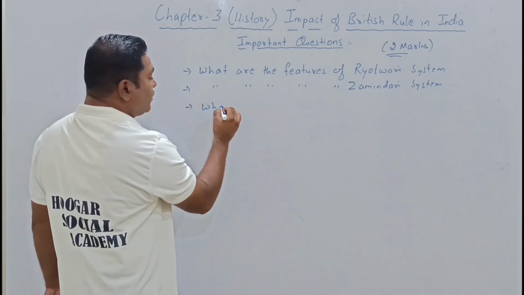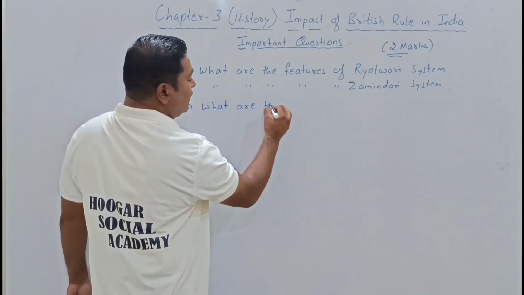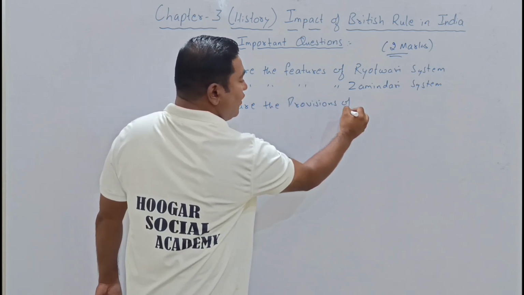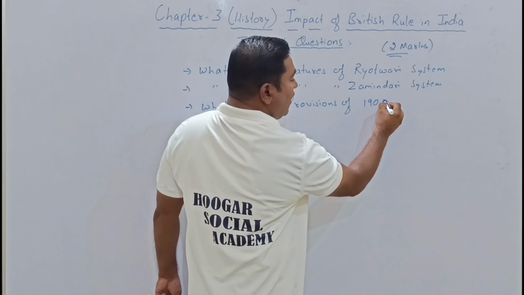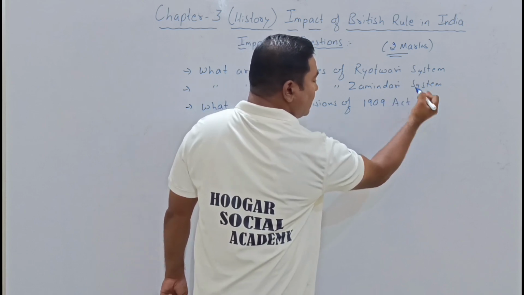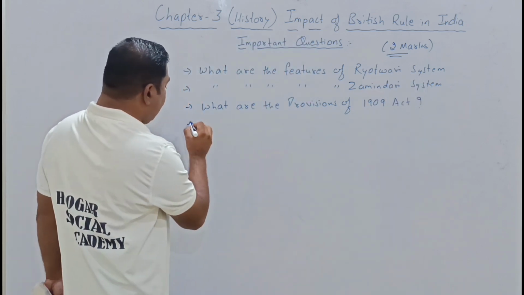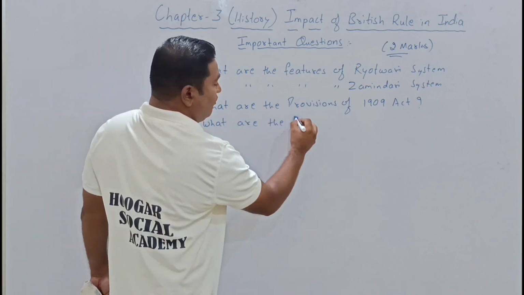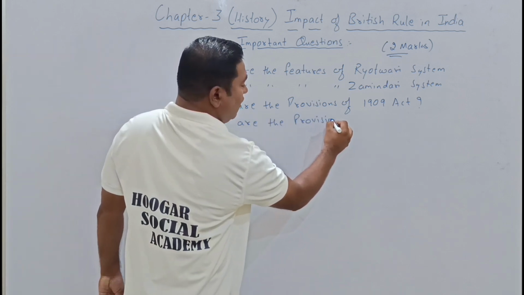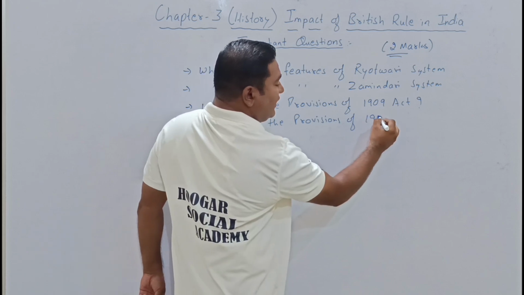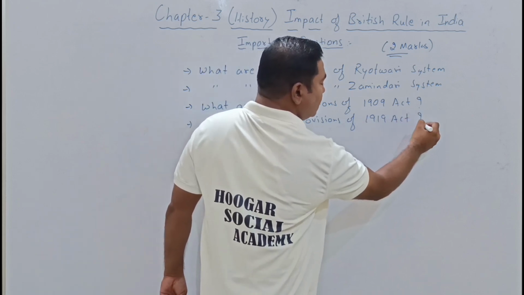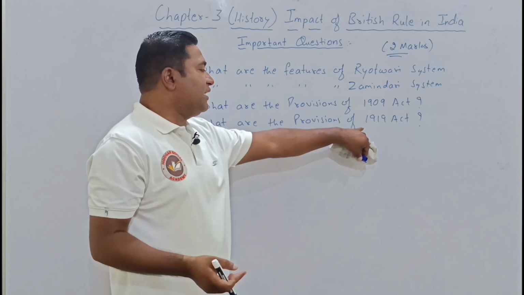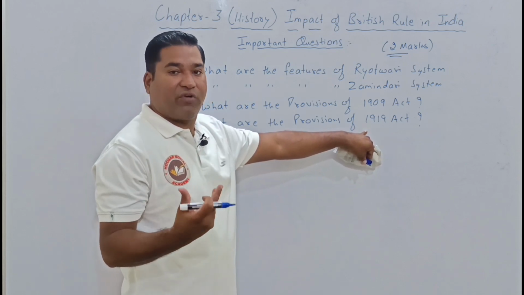Then, what are the provisions of the 1909 Act? Very important question. In the same way, what are the provisions of the 1919 Act? 1909 Minto-Morley Act, 1919 Montagu-Chelmsford Act.